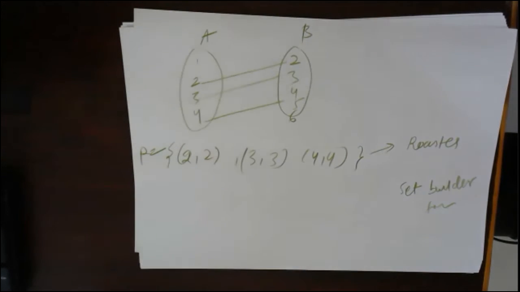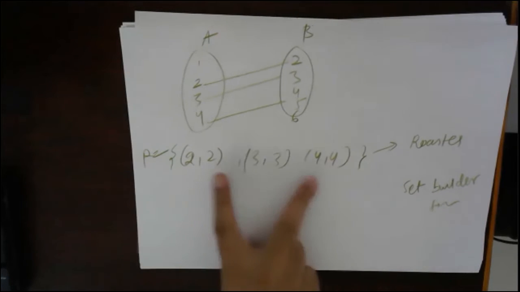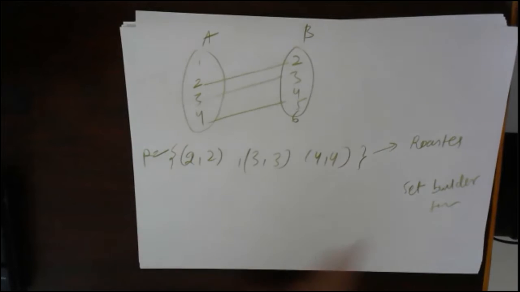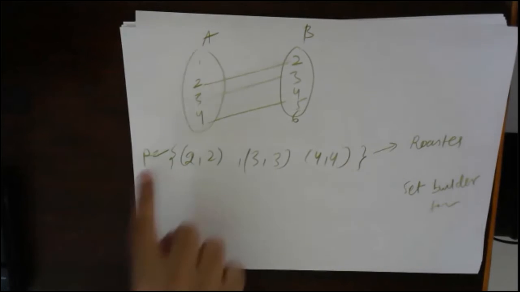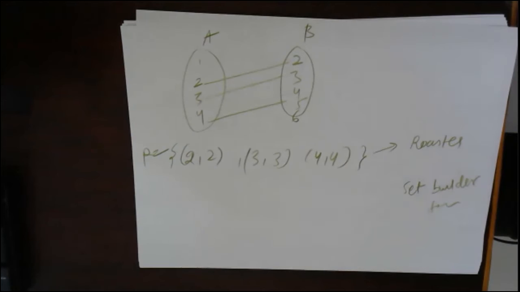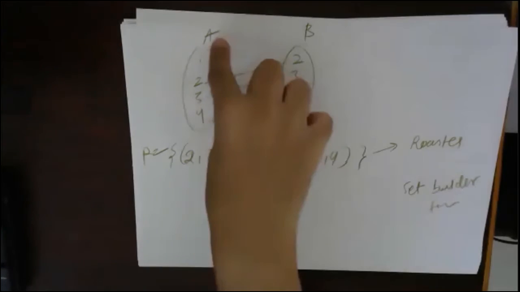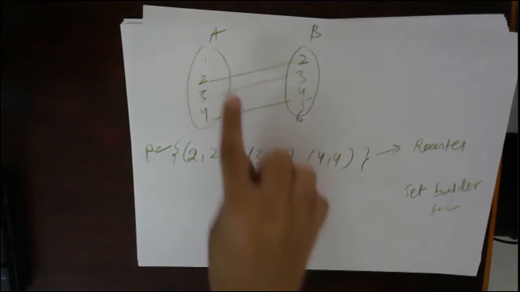Let's see if you can write it or not. I want you to at least try. For 1 minute, I want you to try to write this relation in set builder form. Remember the methods: describe an element, give it a definition, and then a boundary. Already set A and set B are defined. Set A is given, set B is given.